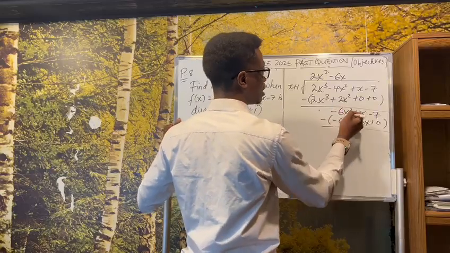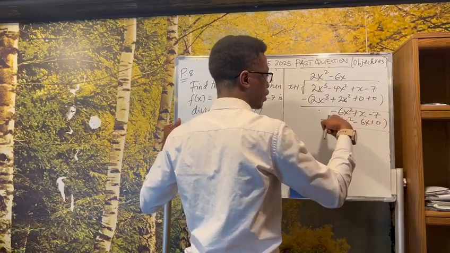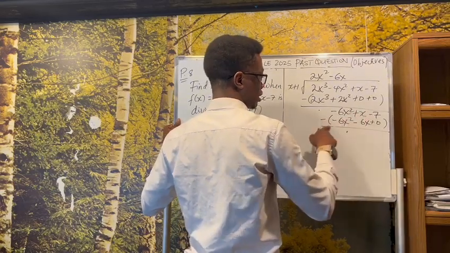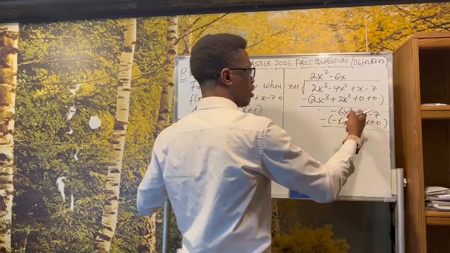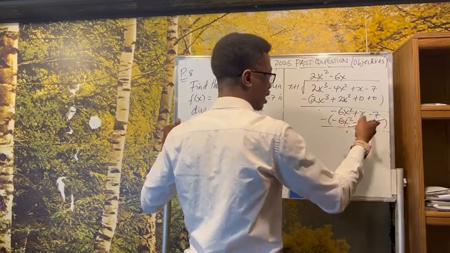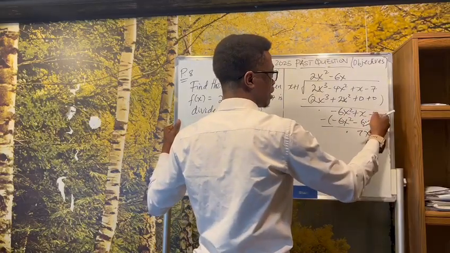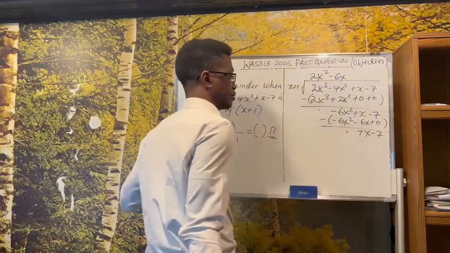Now this is minus 6x squared, minus times minus is plus, so minus 6x squared plus 6x squared becomes 0 here. Now this is plus x, minus times minus is plus, so x plus 6x becomes 7x here, positive. This is minus 7, and this is minus 0, so this becomes minus 7 here.